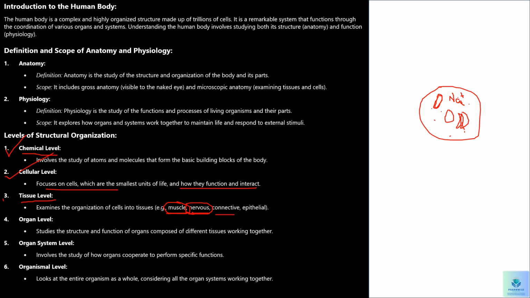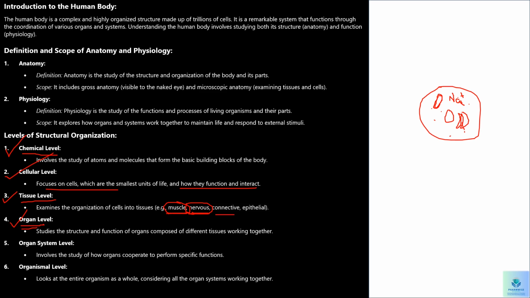This is called a tissue. Then tissues combine and form an organ. The same kind of tissues combine and perform a similar function in combination, and that is called an organ, like the heart, kidneys and brain.